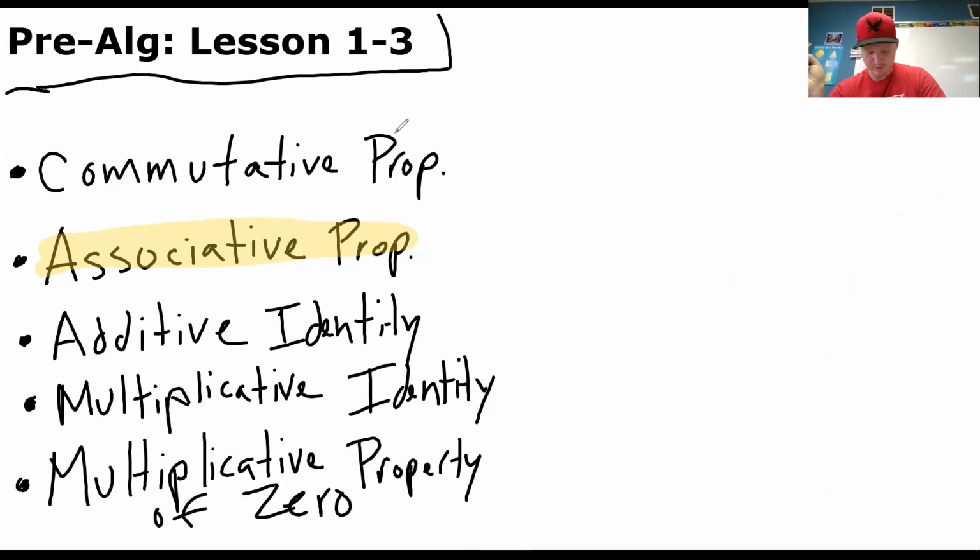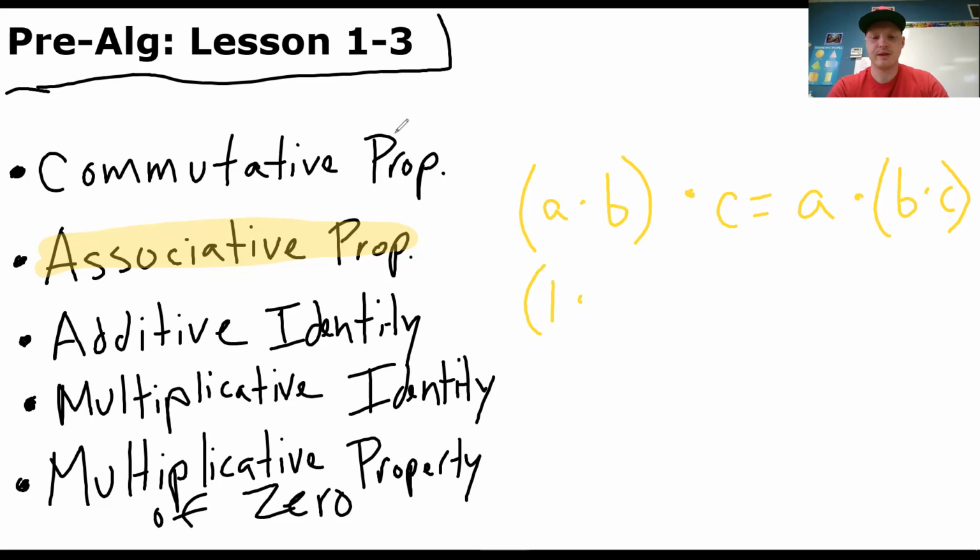We have a times b, in one set of parentheses, times c, and that's going to equal a times, in parentheses, b times c. We're going to use 1, 2, and 3 again. So a equals 1, b equals 2, c equals 3. Remember, I'm just picking random numbers.